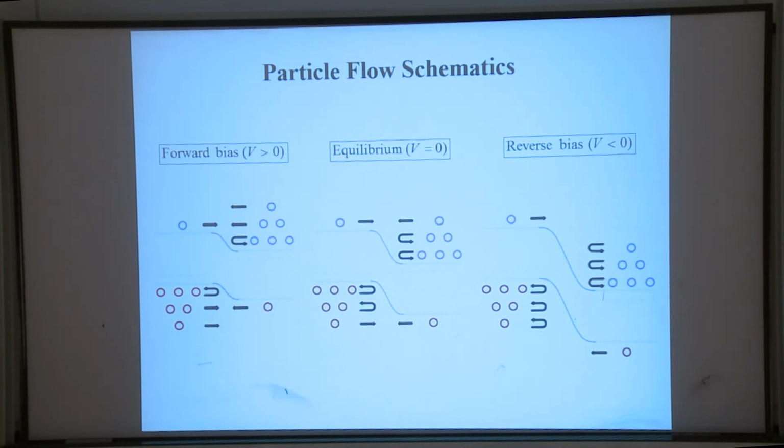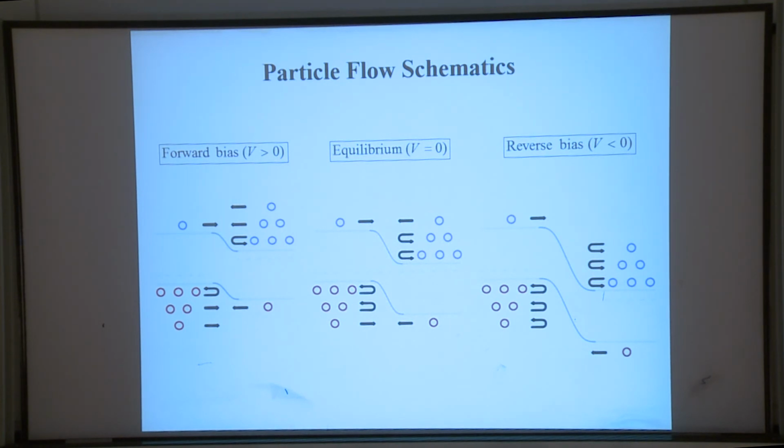Okay, this is a slide that we showed yesterday. I just want to show you that in reverse bias, the majority carrier is blocked by the barrier. So only drift current, those minority carriers, will flow past the interface.